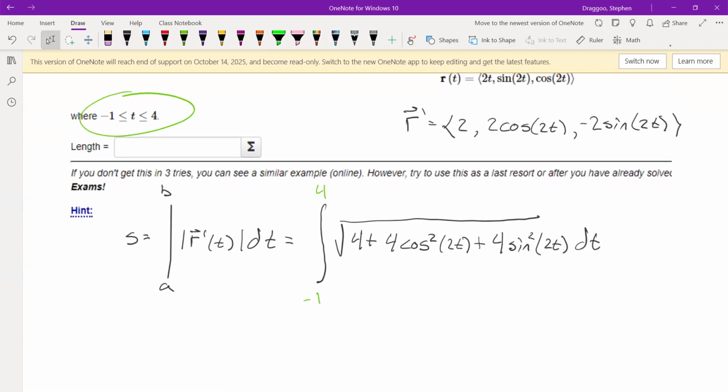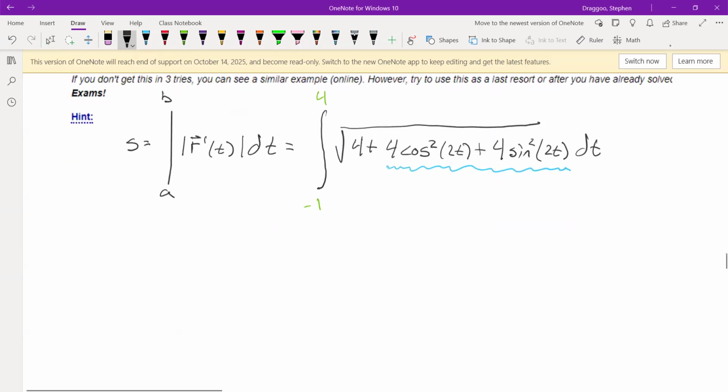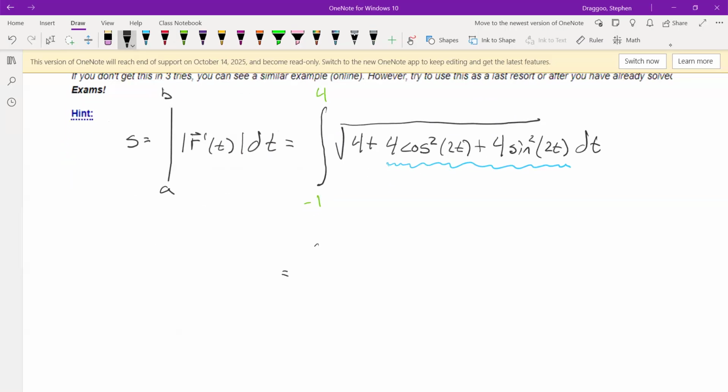After that, what am I looking at here? I've got a trig identity in the middle. Sine squared plus cosine squared is equal to 1. So this looks like the integral from -1 to 4 of the square root of 4 times 1 dt.